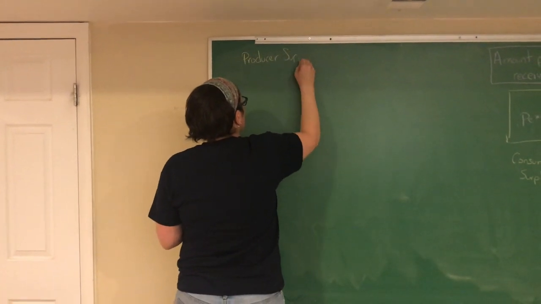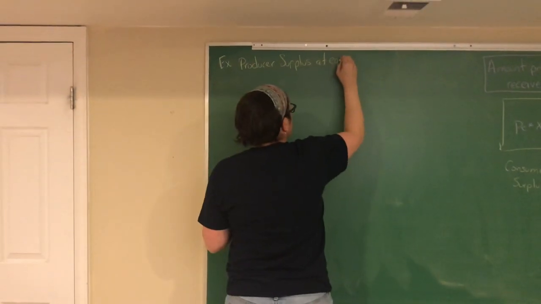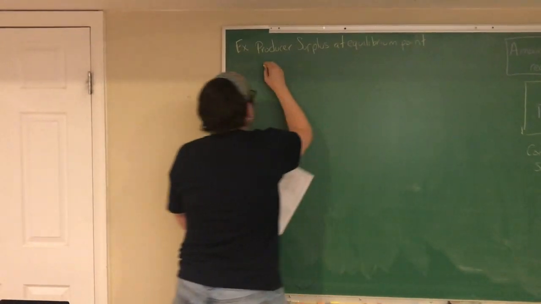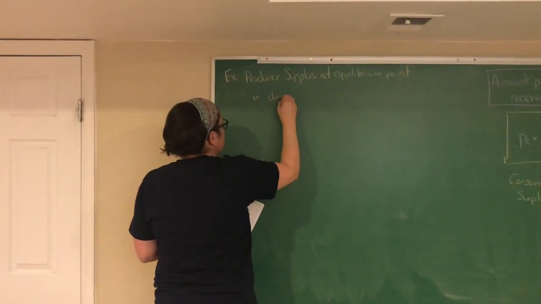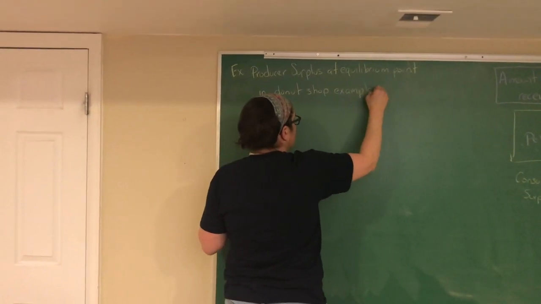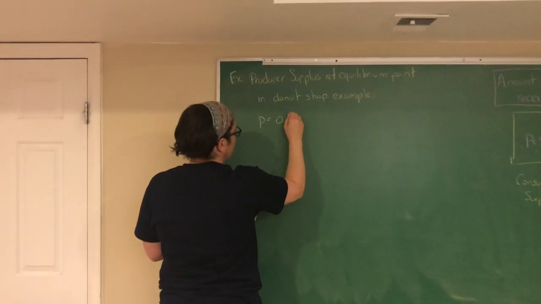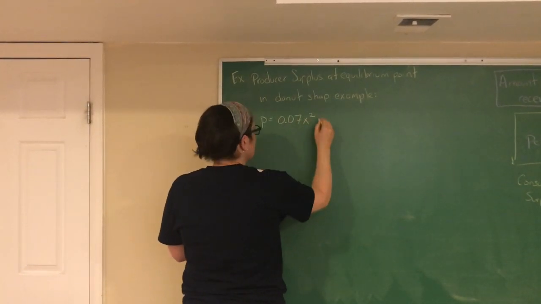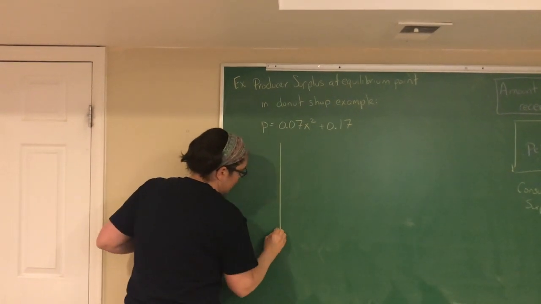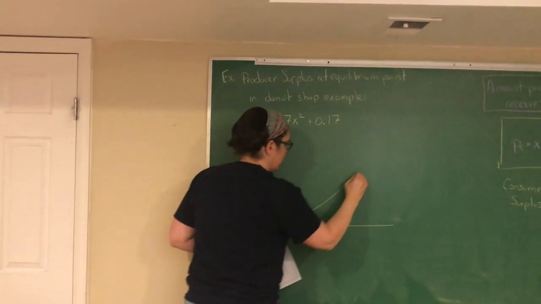Well, we had our price per unit was 0.07x squared plus 0.17, and what we saw was that our producer supply curve, which is this function right up here, looked something like this.